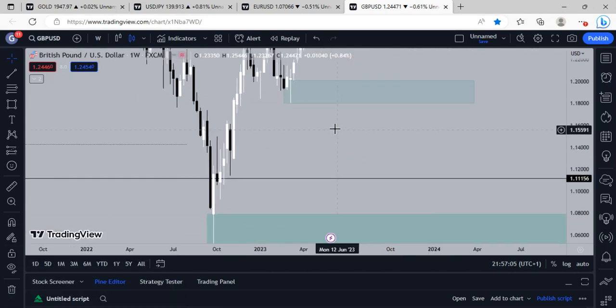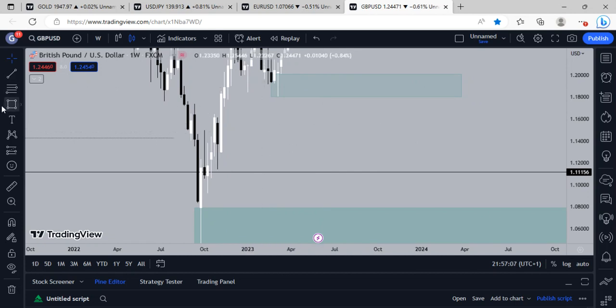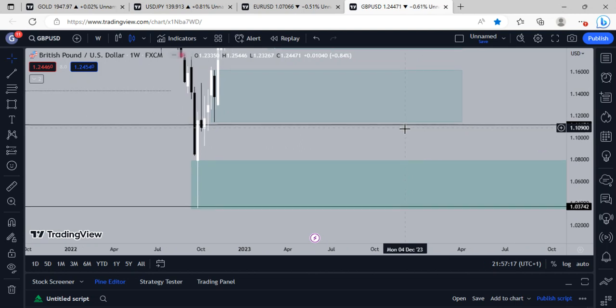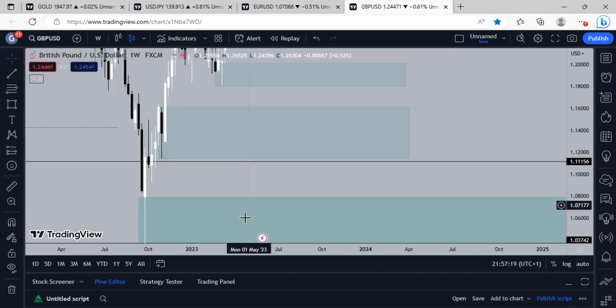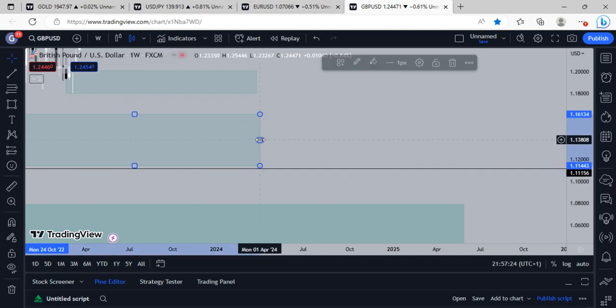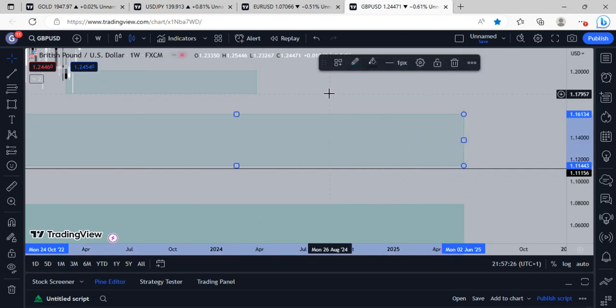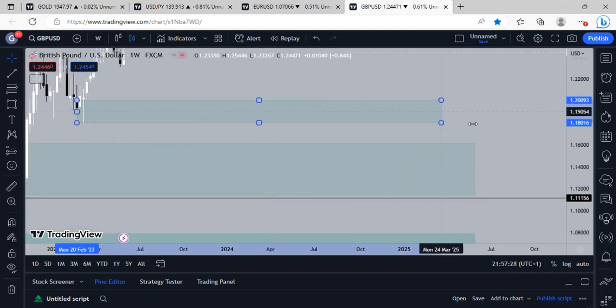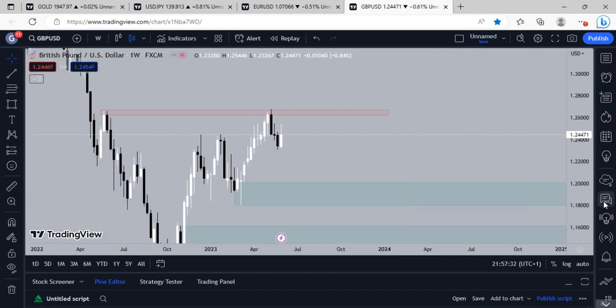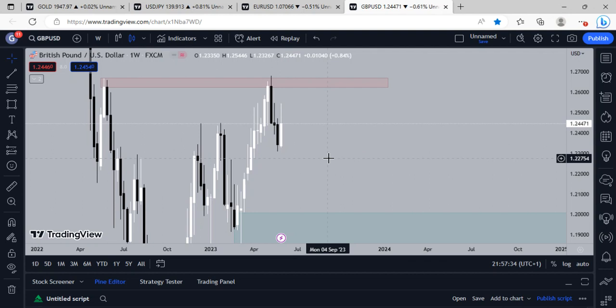And another pullback. Here's another order block, and the last one is over here. So these are my three POIs, and I'll be watching carefully what price does when it gets to these areas, but those are going to be my main POIs.